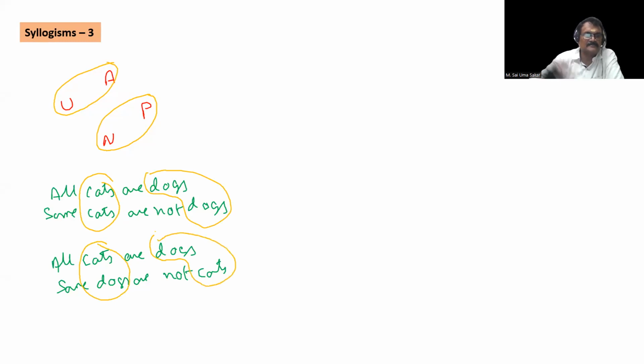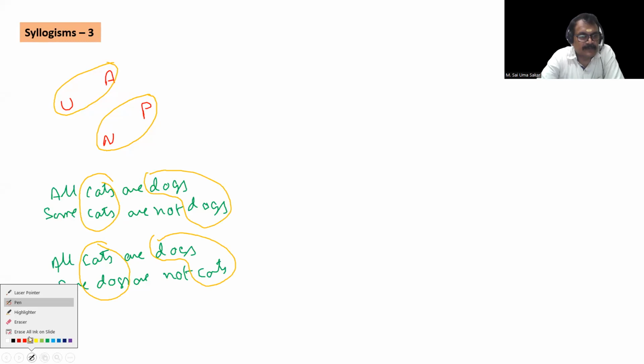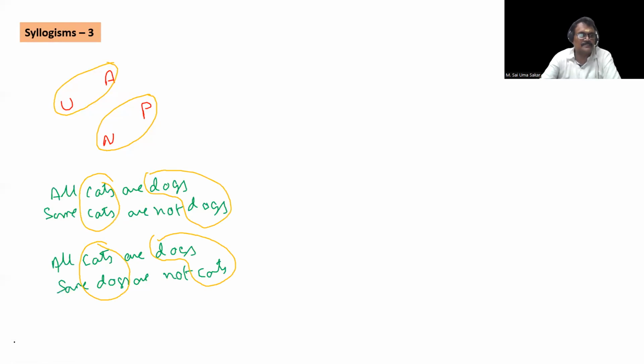Dogs and cats. If one of the conclusions is universal affirmative, the other conclusion is particular negative, and both subject and predicate must be the same, then only the pair qualifies.